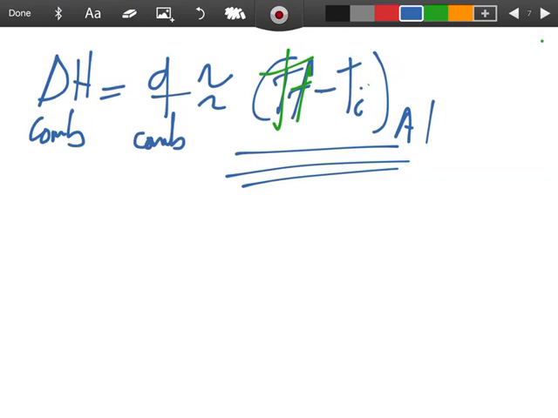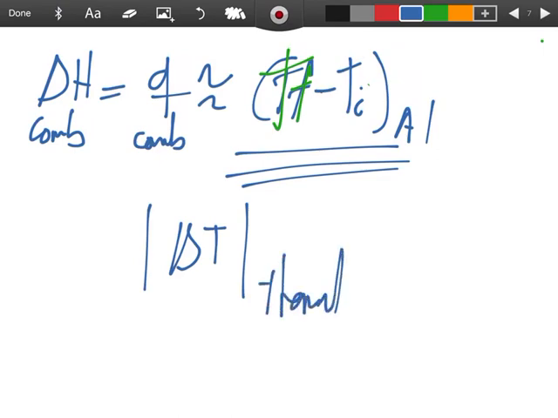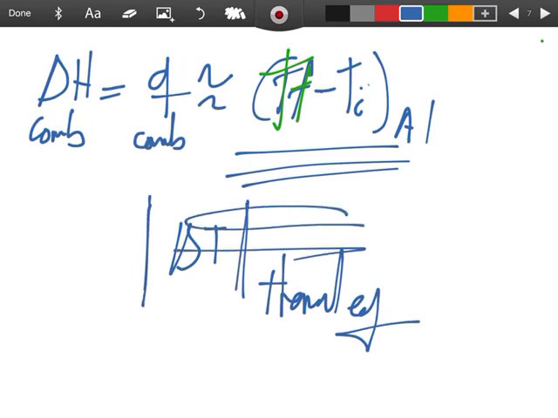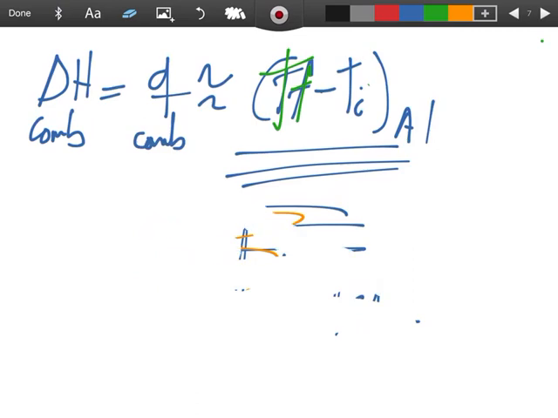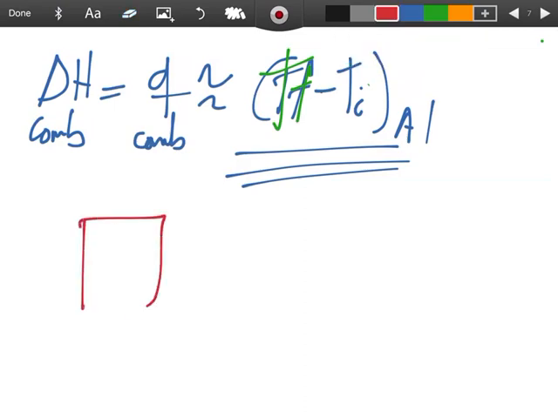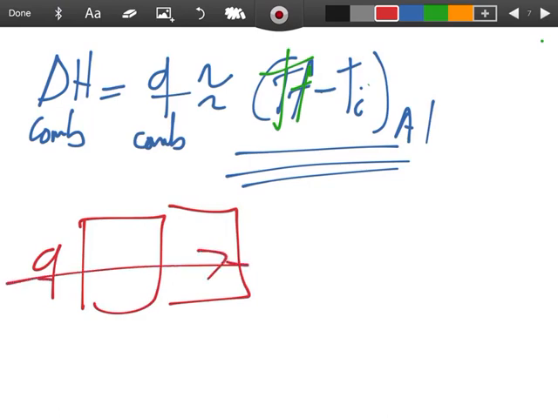In thermal equilibrium, we can use the absolute value of the change of temperatures, but this is only for thermal equilibrium. And we can use the absolute value because the energy is going to move both ways. In this case, no. In our model, the heat is moving only in one direction.